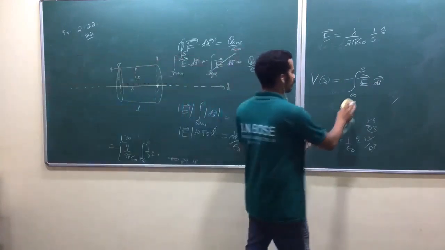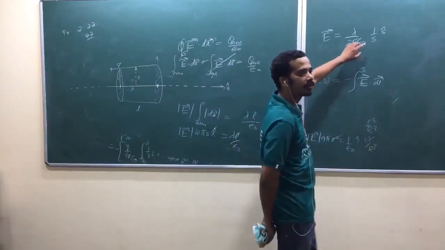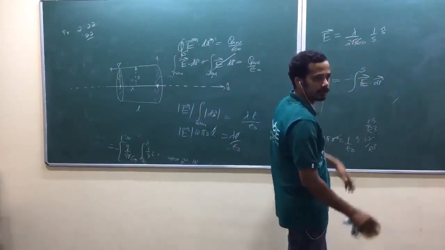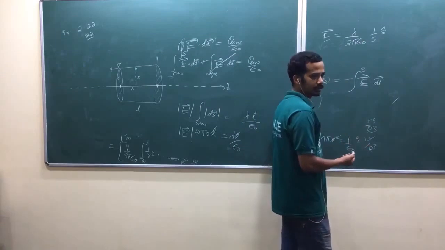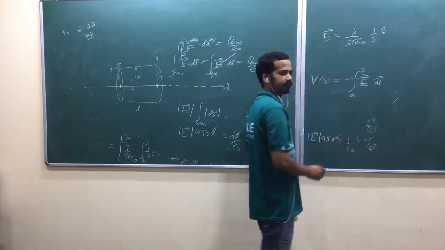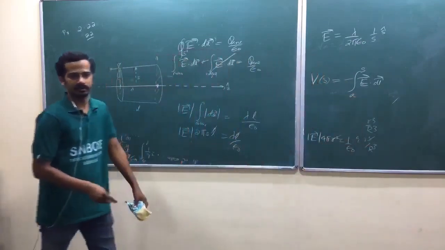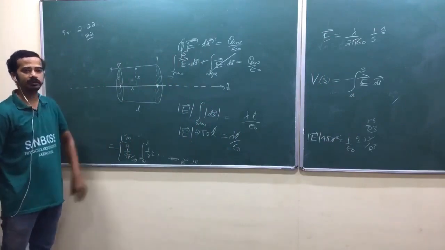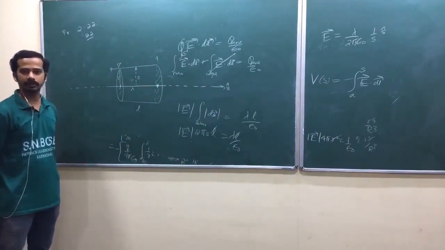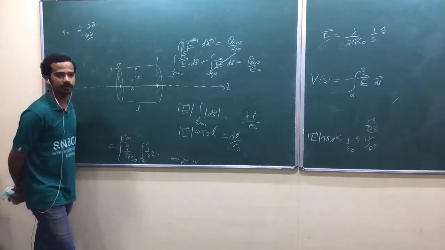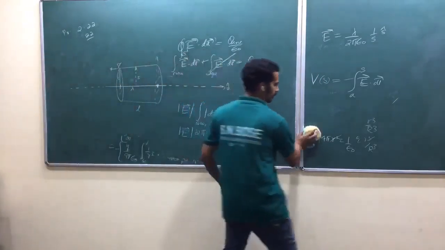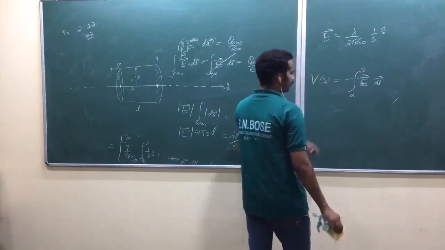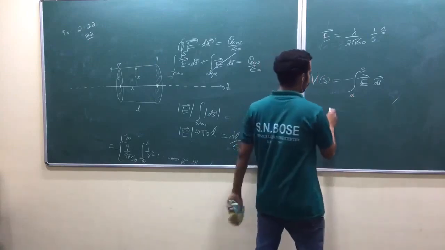If you take infinity as a reference point, when you integrate, you will get a log, and log infinity is infinity. That's why we shall take some point A. It's not unique. So if they ask any question on this, they will ask potential difference. Potential difference is usually independent of the choice of the reference point. So this is our choice now.